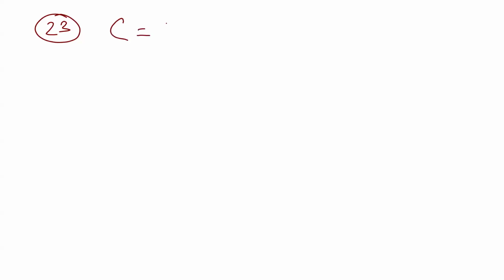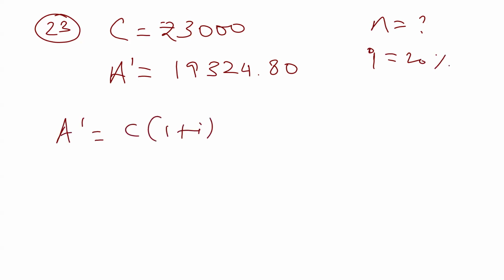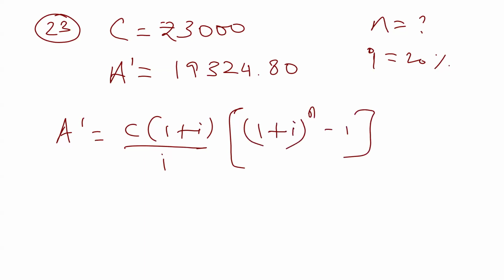So C is equal to 3000. Accumulated, so future value is A dash because the problem is of annuity due. N they are asking. Compounded yearly. I is equal to 20%. So A dash is C, 1 plus I upon I, 1 plus I raised to N minus 1. So we are supposed to find out N over here.